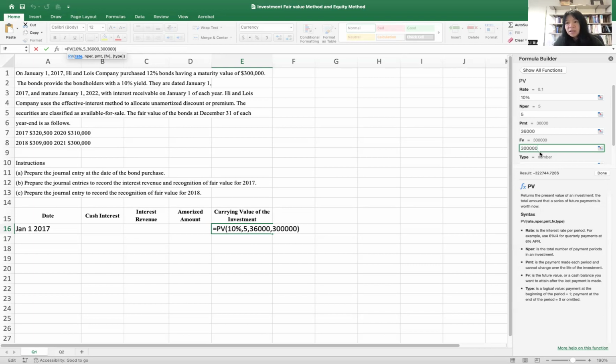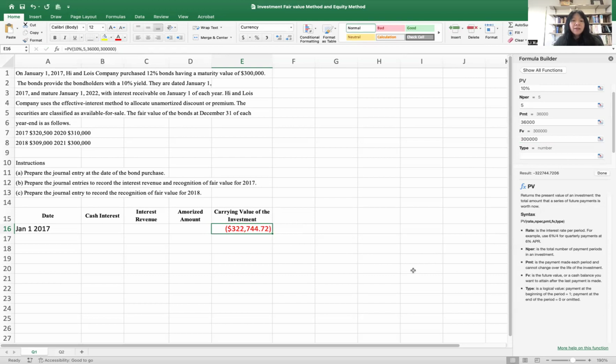We just leave the type blank because this is an ordinary annuity for the interest payment, which means you receive the interest at the end of the period, and therefore by default we don't need to put anything here, and we just click done. You can see here it gives you a negative number.